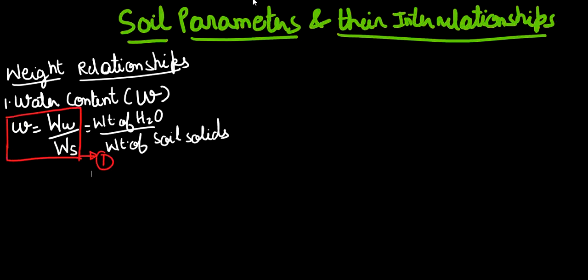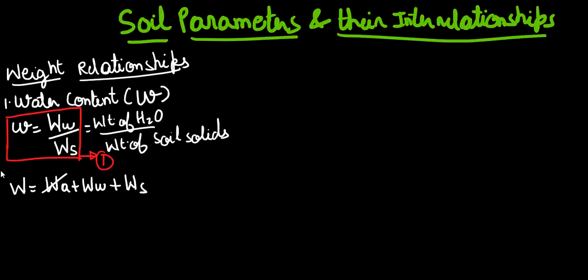Now let's try to expand this a little bit. We know that the total weight of any soil sample is weight of air plus weight of water plus weight of soil solids.